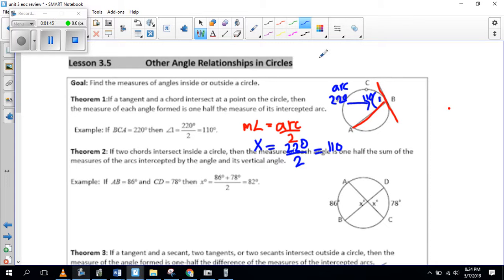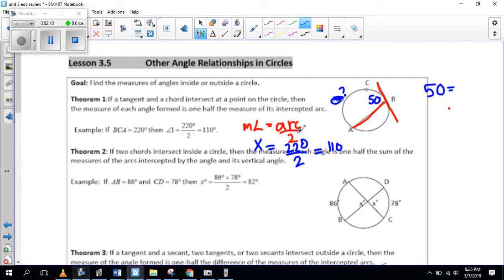If it was the other way around, basically it's just like we did before. Let me mark out 220 and say we had 50 here for our angle. We're trying to find this arc here. So remember our formula, the measure of the angle is 50 equals the arc.